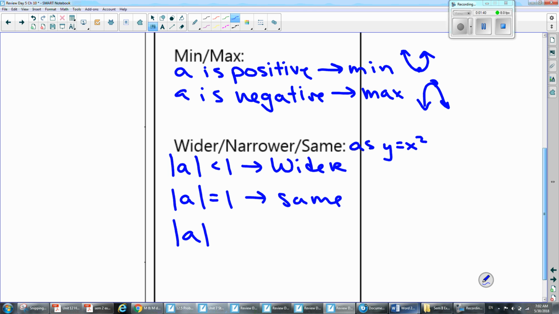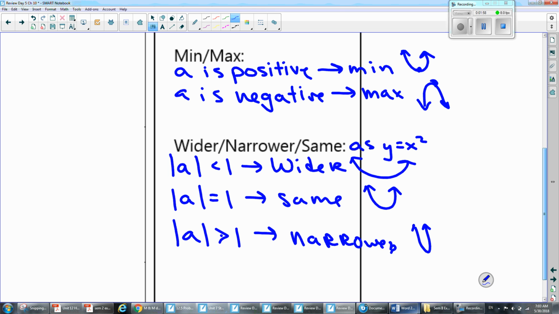And if we take that absolute value of a and it's greater than 1, that's when it's actually narrower. So what I mean by that is, if it's wider, it'll take a long time to get some high y values. If it's the same, it'll look something like that. If it's narrower, it's increasing very quickly.